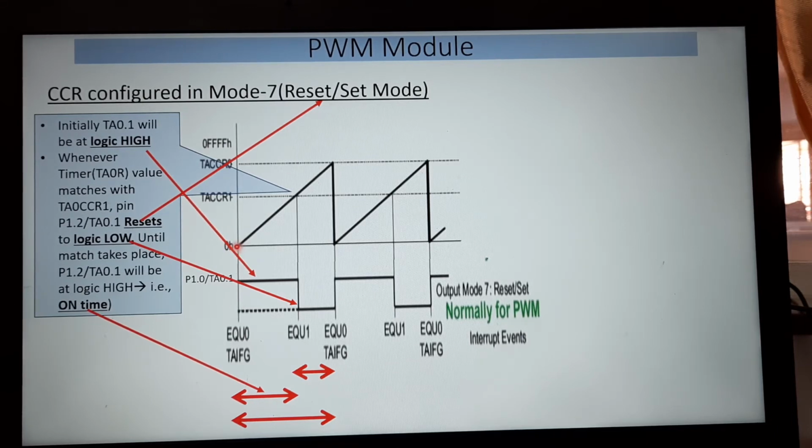I'll explain again. Whenever the timer is started, it starts counting towards FF. First it will match with TACCR1. When that match takes place, the PWM pin TA0.1, which was high initially, resets. That's why it's called reset mode. Since I already told you this is the period, when there is a match with TACCR1, the pin resets to 0. That is the on time of the PWM waveform.